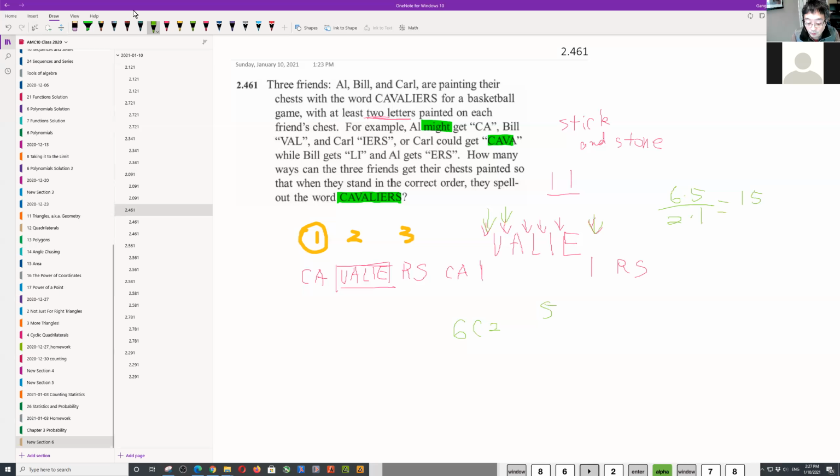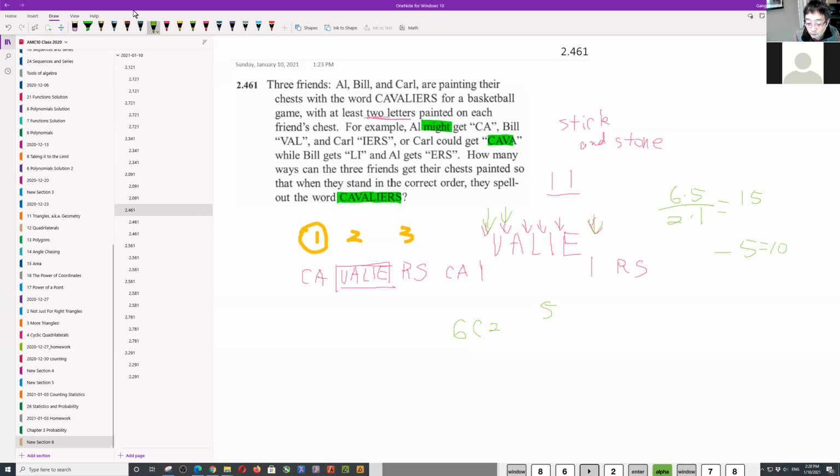And 15 minus 5 is going to be 10. Only when the 2 dividers are adjacent is it not legit, because the middle person gets too few letters. Otherwise, it satisfies the condition.